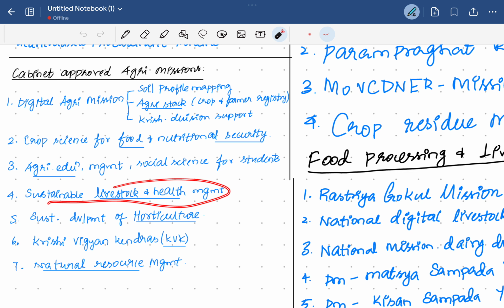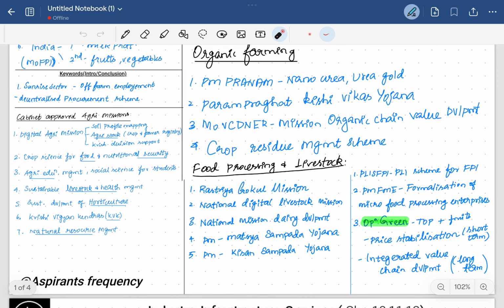Then sustainable livestock and health management, and sustainable development of the horticulture area, which is also a sunrise sector. Then the Krishi Vigyan Kendras, that is the customer support centers. Then natural resource management. These are some of the areas where the cabinet recently focused and approved for the digital agriculture mission.